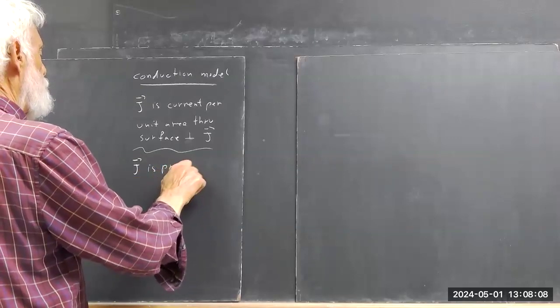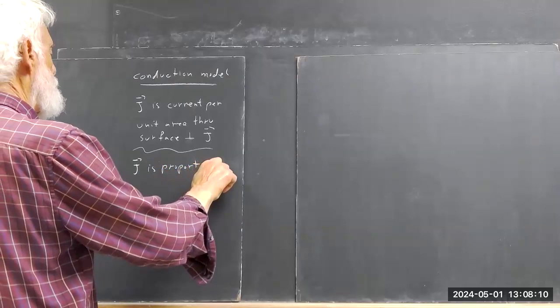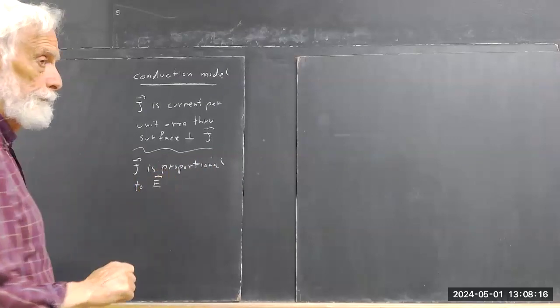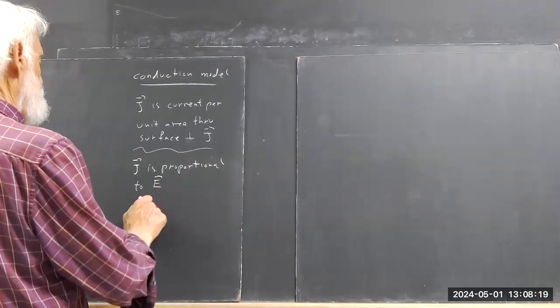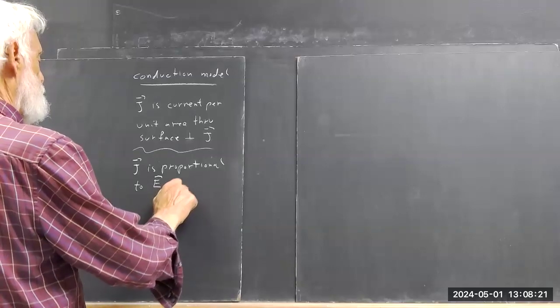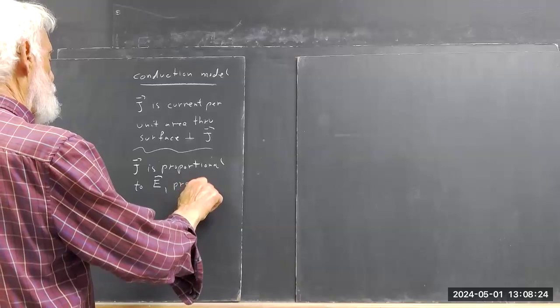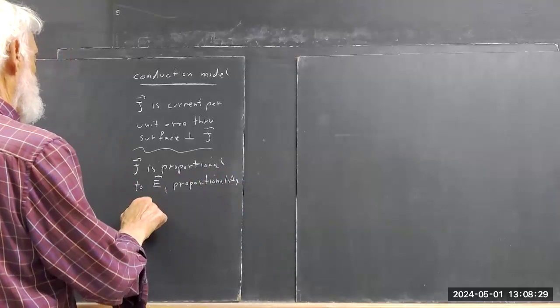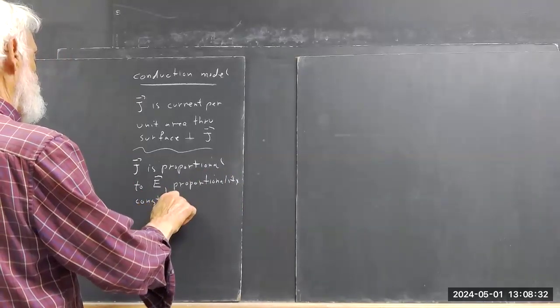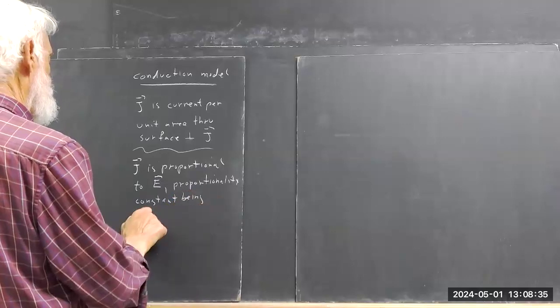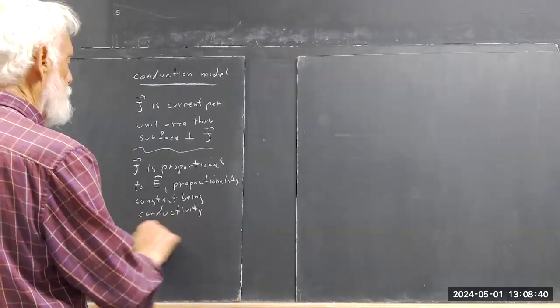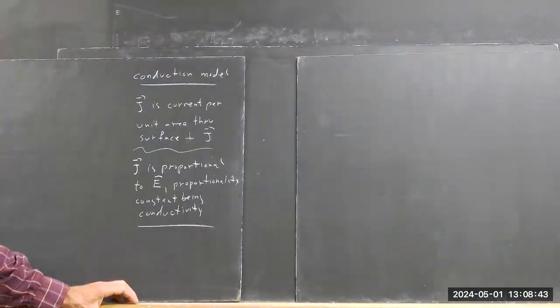Say it this way: J is proportional to E, the proportionality constant being the conductivity, which is the reciprocal of resistivity.